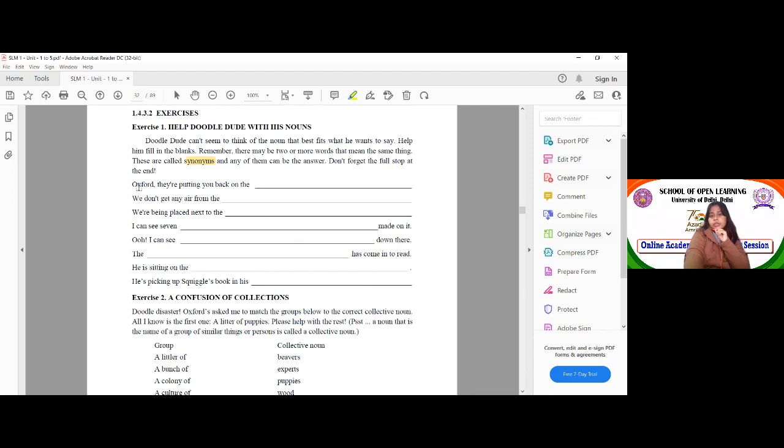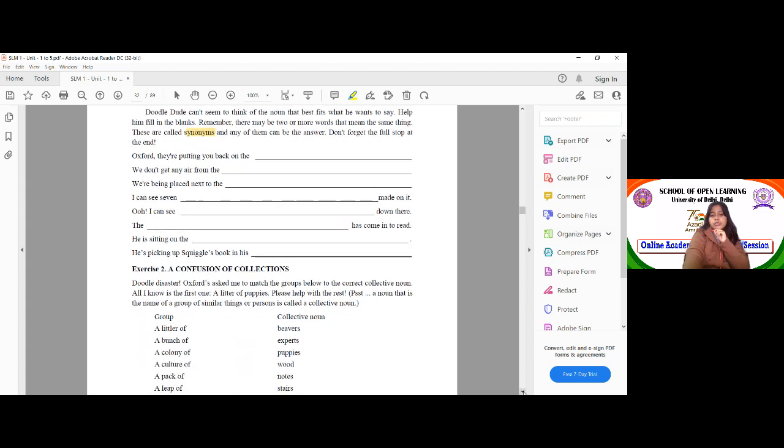For example: Oxford, they are putting you back on the, what is the noun that you can use here? Shelf. A noun is a name, right? Oxford, they are putting you back on the shelf. So this is how you have to do this whole exercise.